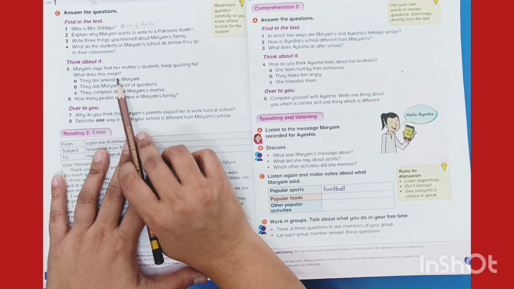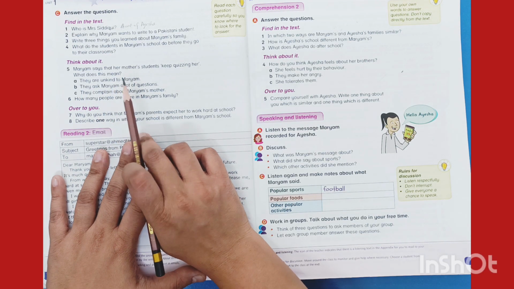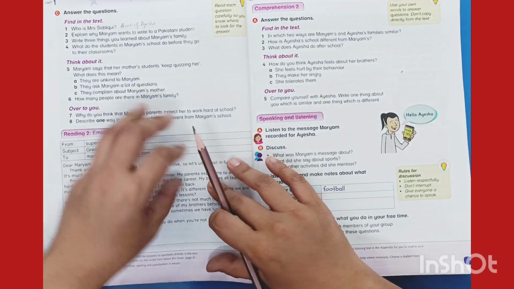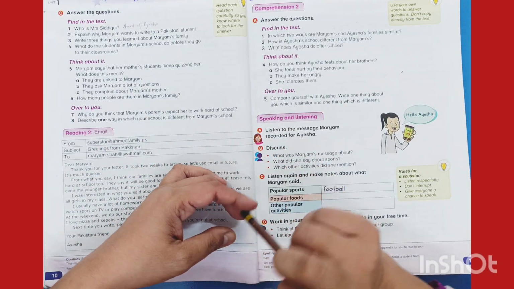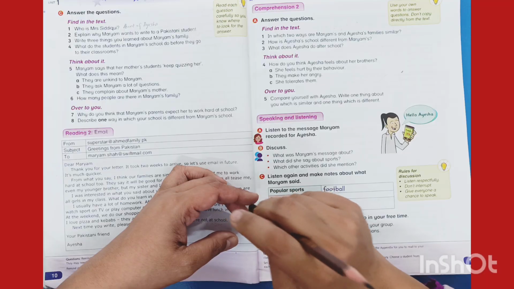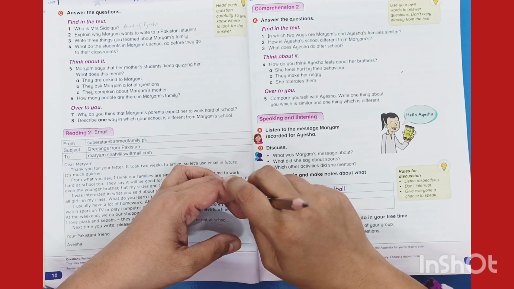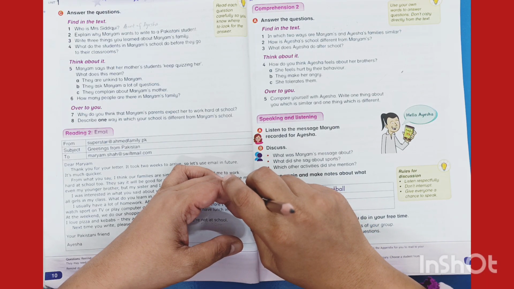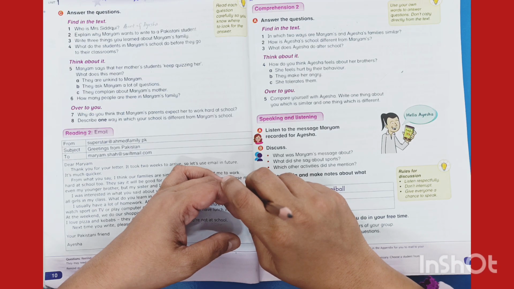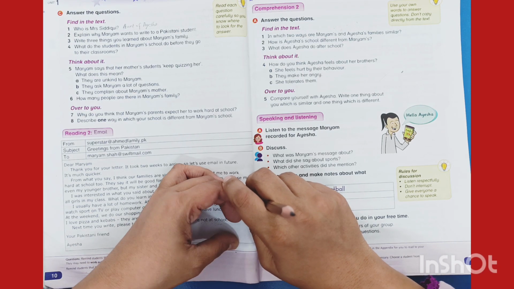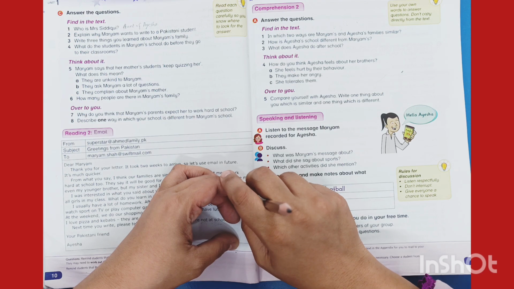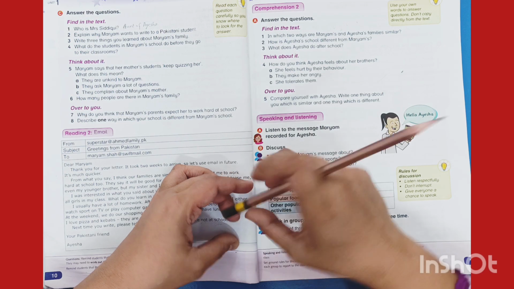What does this mean? This means that they know that Mariam is the child of a teacher. So they are excited to know about their teacher, how does she behave at home with her own kids. Okay.